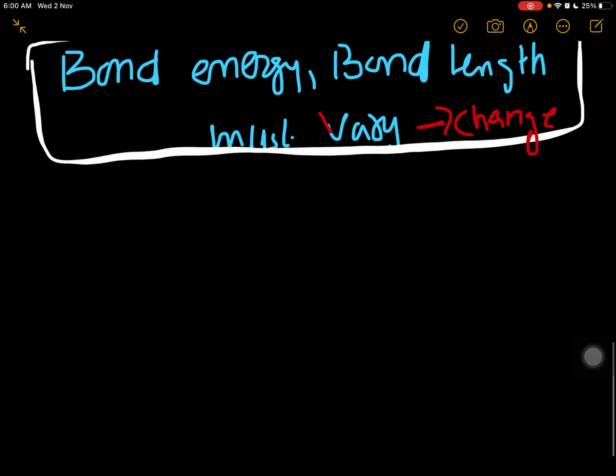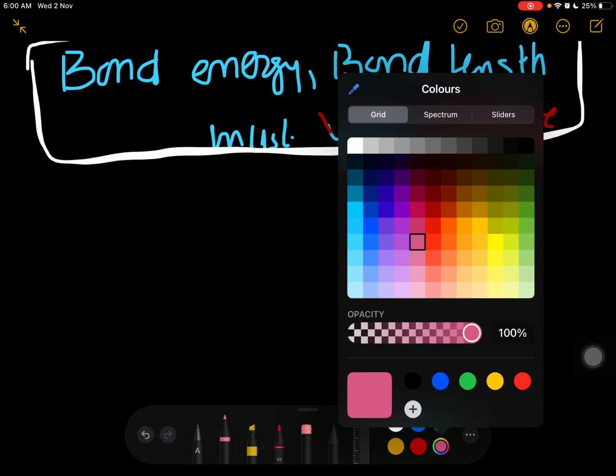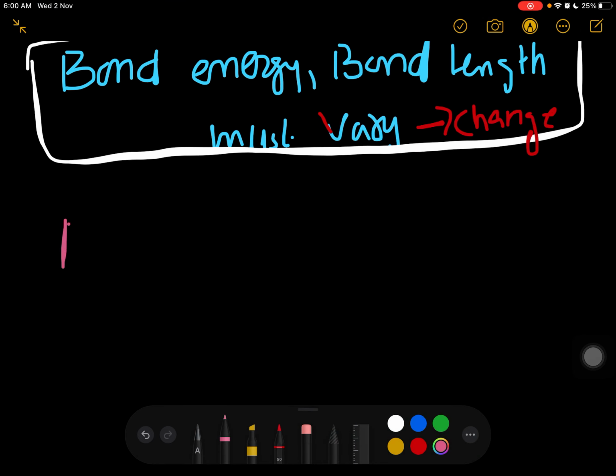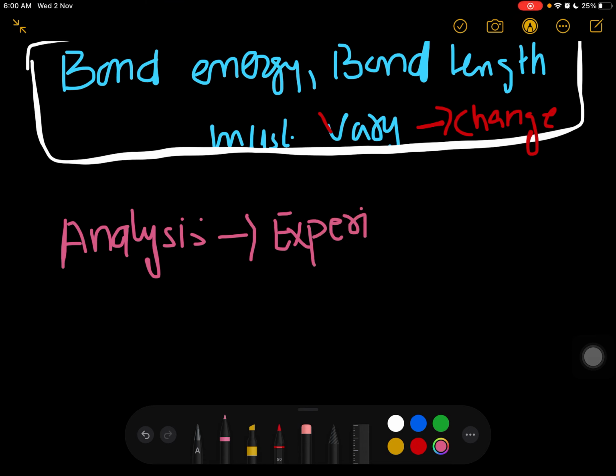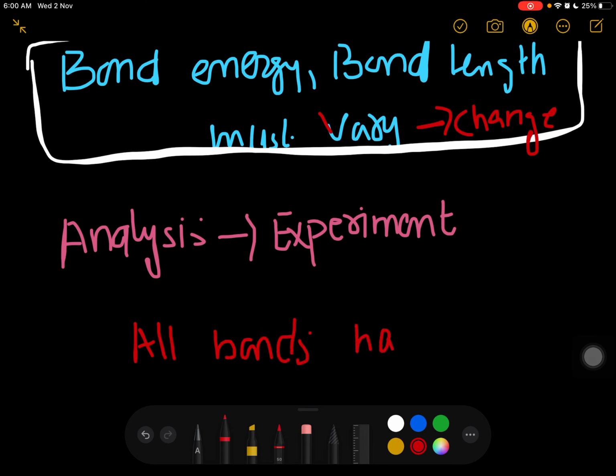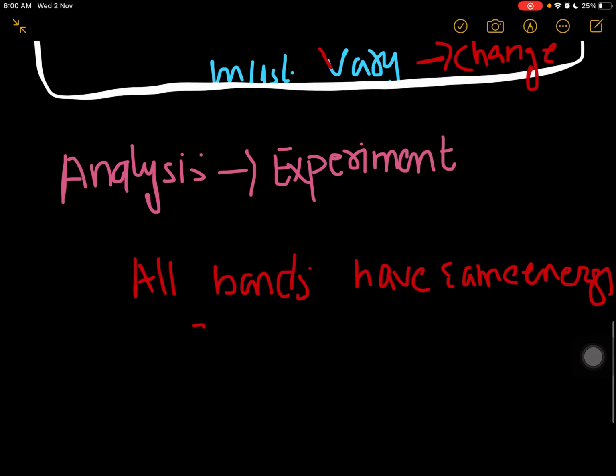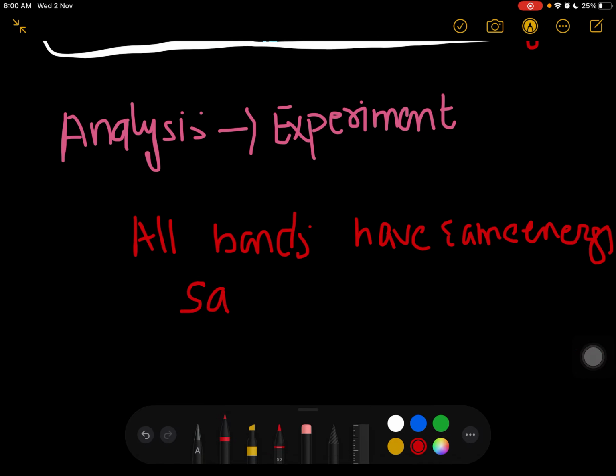But when we did chemical analysis and some experiments, it was proved that all bonds have the same energy and the same bond length, right?